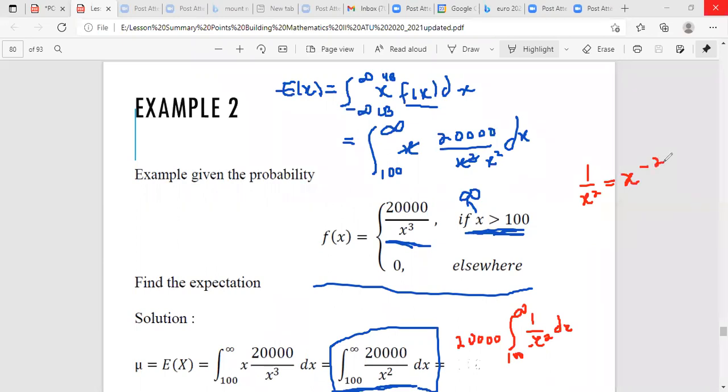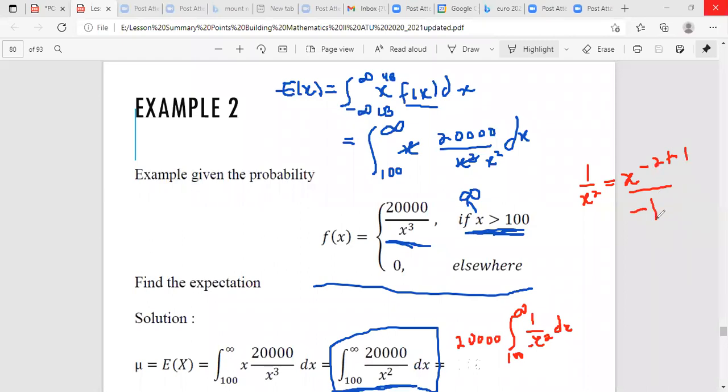When integrating, per the rules of integration, you always add 1 and then divide through by the resultant. So -2 plus 1 will be -1.